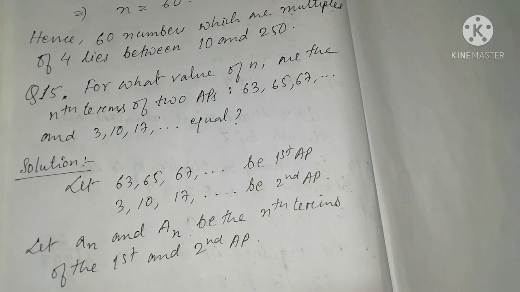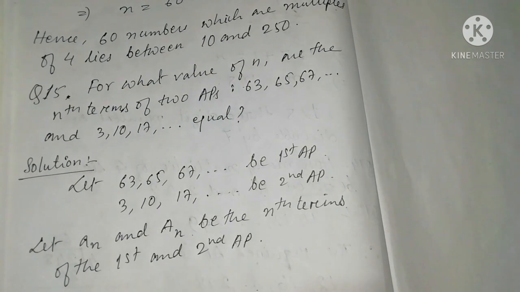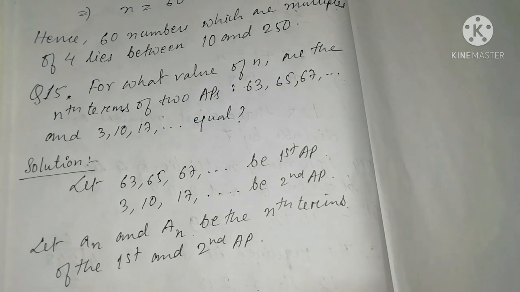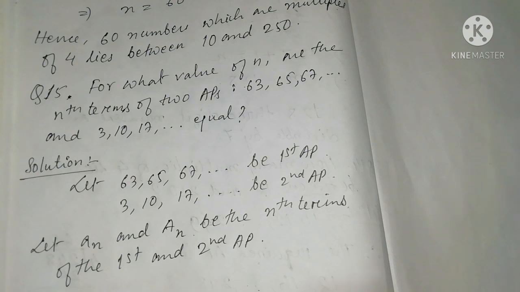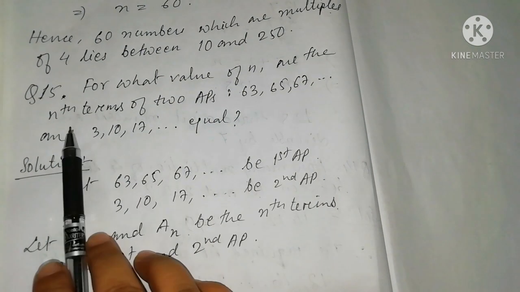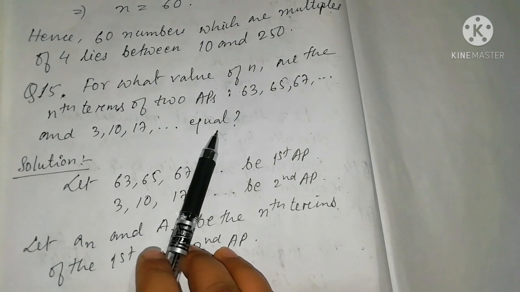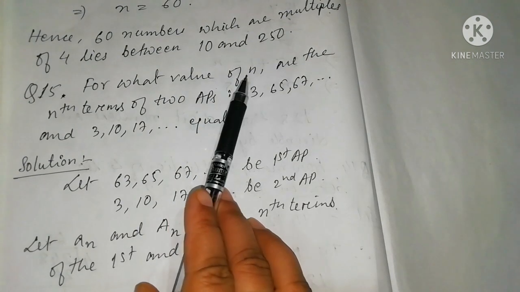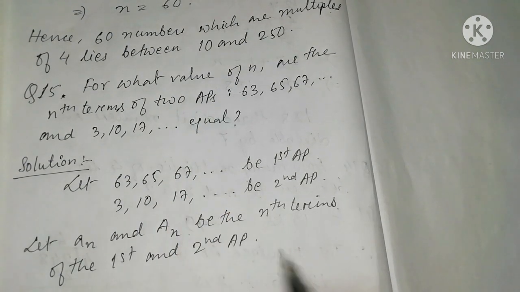As we don't know the nth term, I have taken small an and capital An as the nth terms of the first and second AP. It is given that the nth terms of the two APs are equal. So we need to find the value of n.